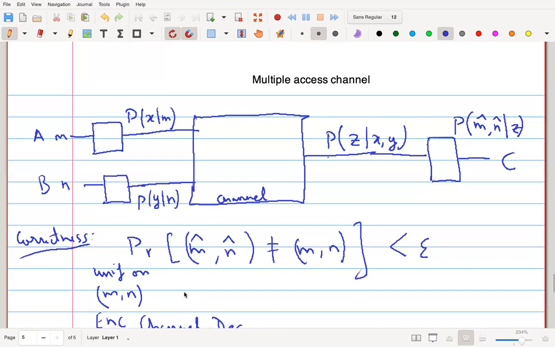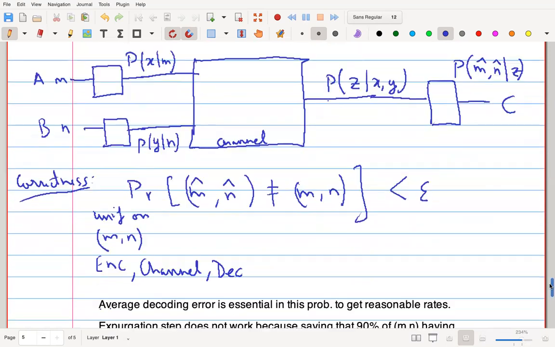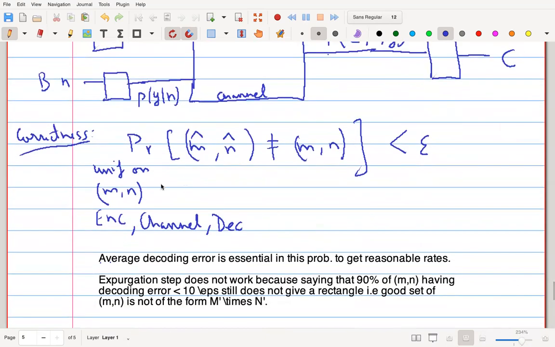And here I'm reminding you that this probability is taken over the uniform distribution on the message pair M, N. So it's the average error probability. And then I'm also randomizing over the encoding process. There are two independent encoders, so this is randomization over the private coins of the encoding process, randomization over the channel characteristics, randomization over the private coin decoding process.